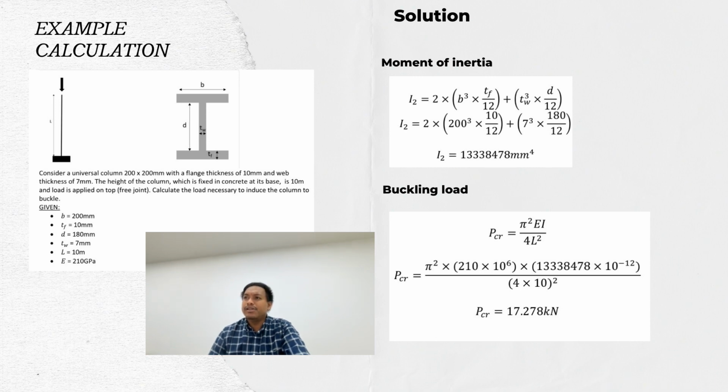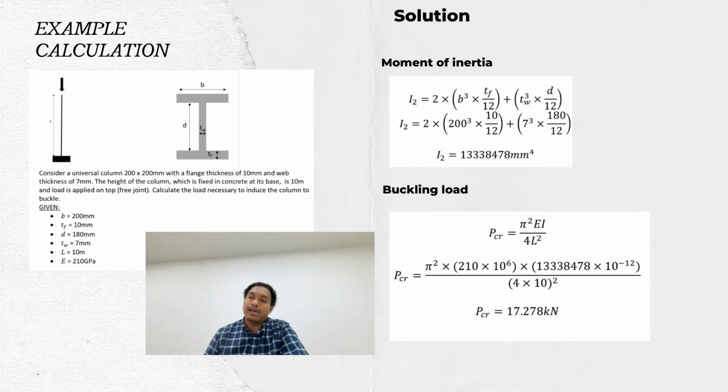Okay, we see this solution. First, we need to calculate the moment of inertia using I equals 2 times B to the power of 3 times TF divided by 12, then plus the web term. So we put in the amounts and I get 13338478 mm.